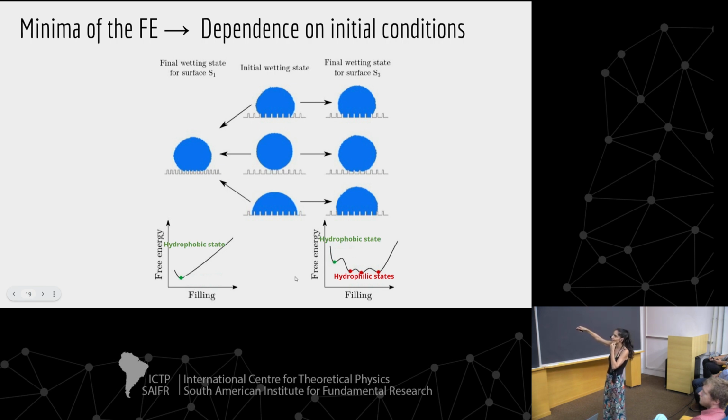In the surface where you only find one hydrophobic state, we can start at any point of the phase of this complex landscape, and the droplet always finds a given minimum energy state. But in the surface of type S3, we did the same numerical experiment, and you observe that the droplet finds different final conditions.